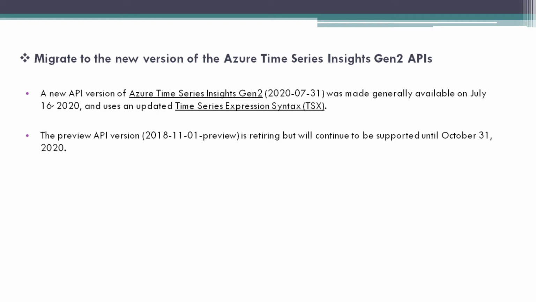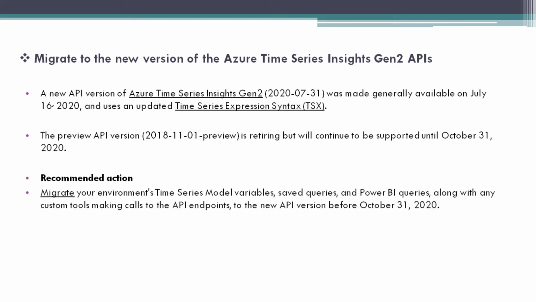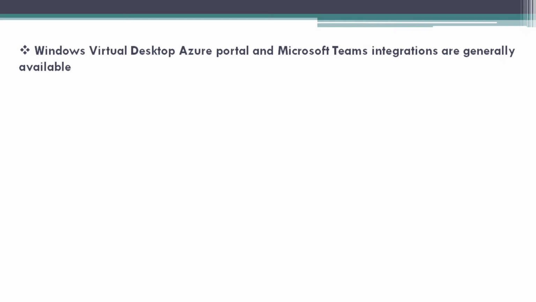So now the preview API version is retiring but will continue to be supported until 31st October 2020. So what is the recommended action? You can migrate your environment's time series model variables, saved queries, and Power BI queries, along with any custom tools making calls to API endpoints, to the new API version before 31st October 2020.